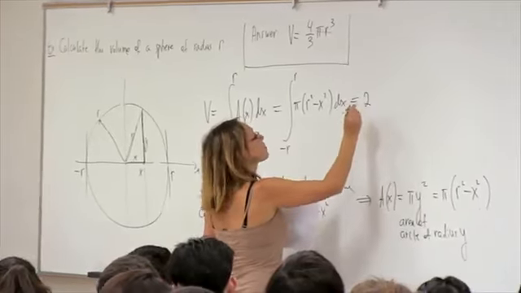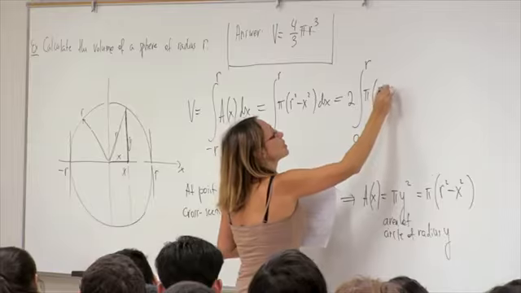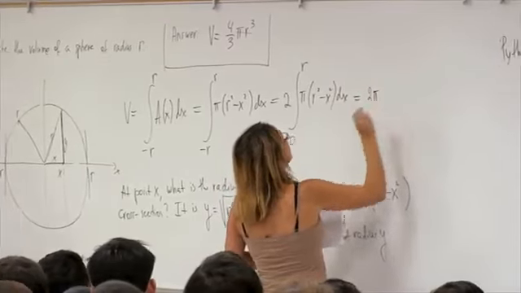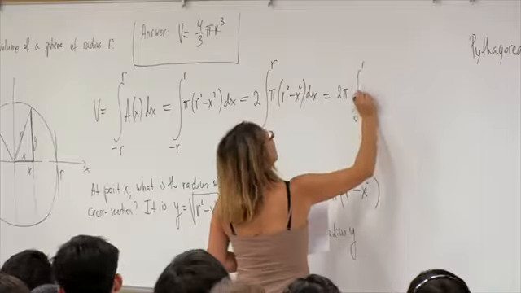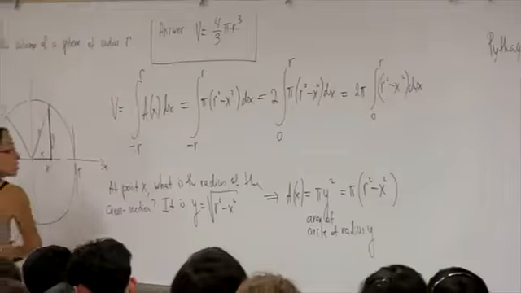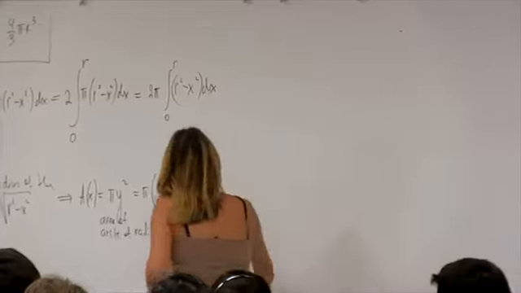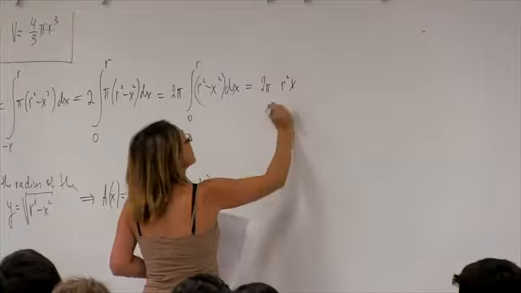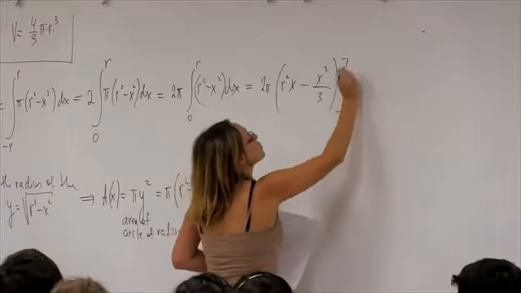So it's twice the integral from 0 to r of pi (r squared minus x squared). The rest is really easy. So 2 pi, and I have to take the antiderivative of r squared minus x squared. Remember, r is just a constant, so this is a very easy integral to take. I have r squared, a constant, times x, minus x cubed over 3, integrated from 0 to r.